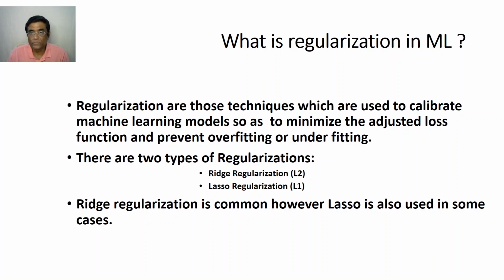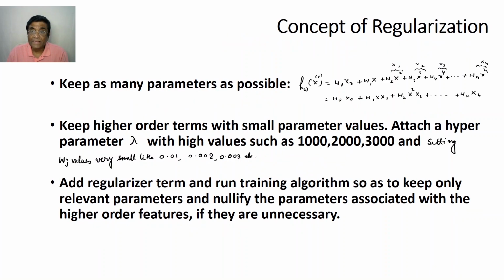And how are we going to do that? The idea is, again, let us be democratic. Assuming that there is complexity in the pattern, you can select many parameters attached with the higher order feature terms. By the way, in the machine learning concept, say x is the floor area in housing price data.